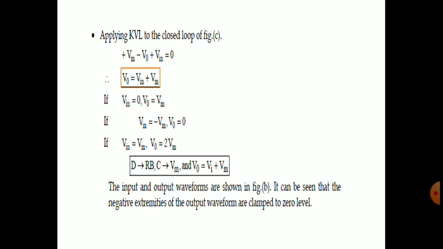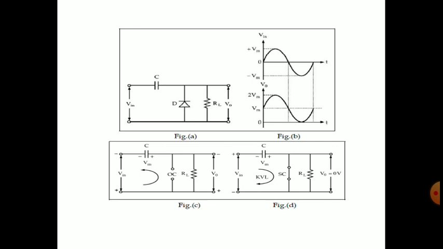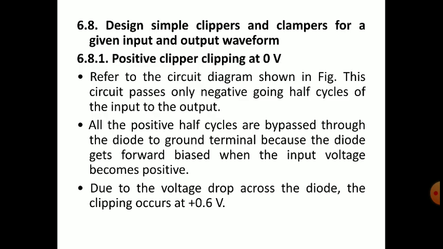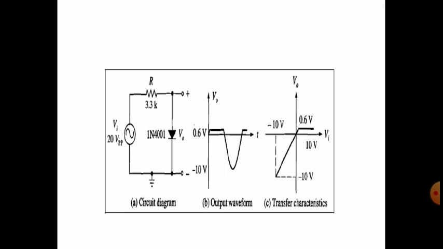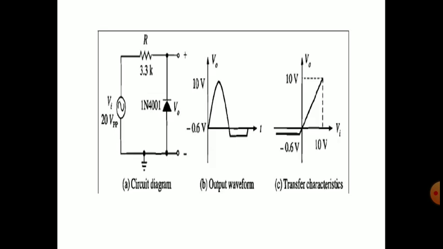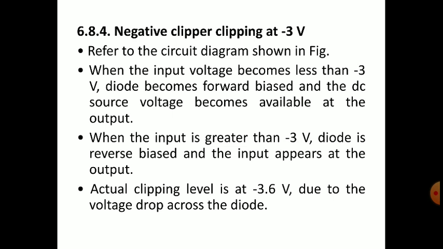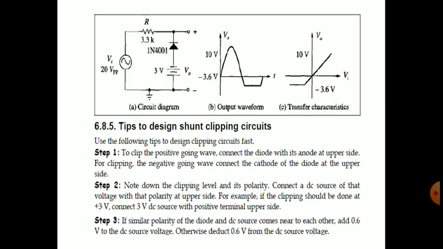Because Vm and Vn are in series. You can remember from the KVL equations how you add the voltage levels and how you detect these voltage levels by the polarities, right?